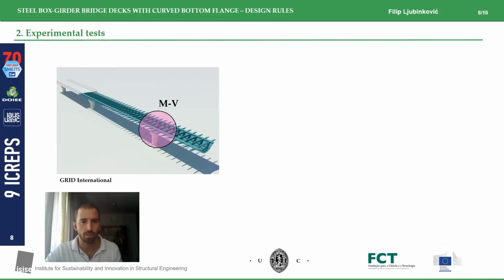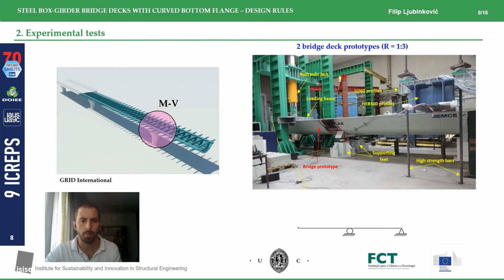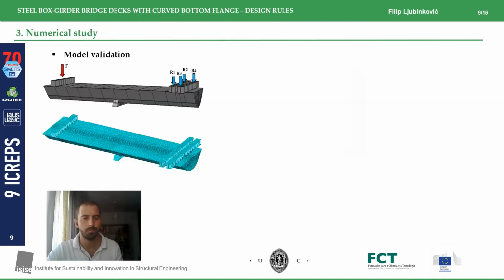In order to study the M-V interaction criterion, we first carried out an experimental study, focusing mainly on the region close to the intermediate support, because this is exactly the zone where the M-V interaction occurs. We prepared specimens that we tested in our laboratory here at the University of Coimbra. We applied loading to imitate this behavior and to get the M-V interaction close to the intermediate support.